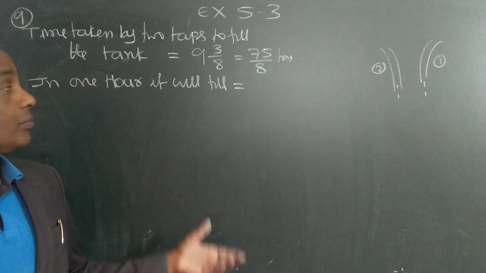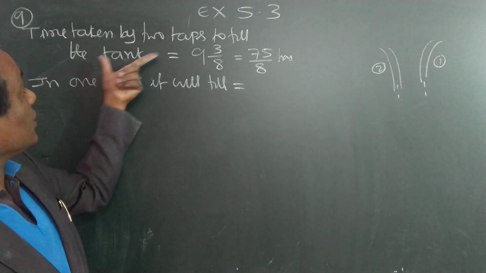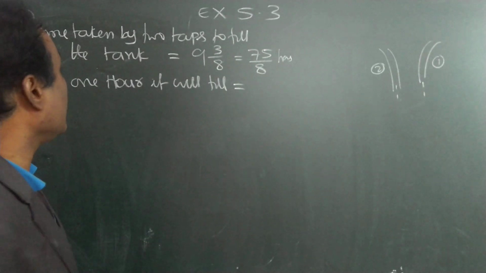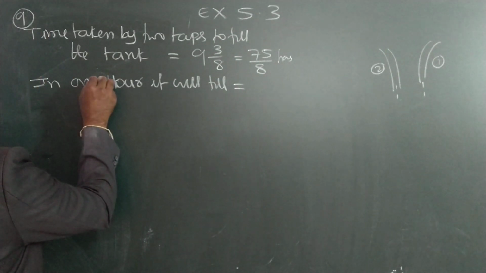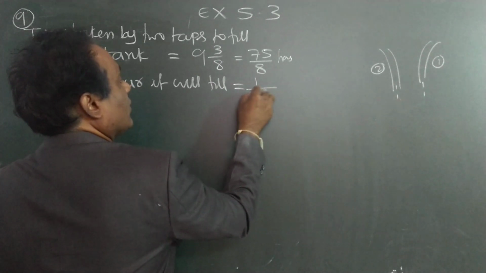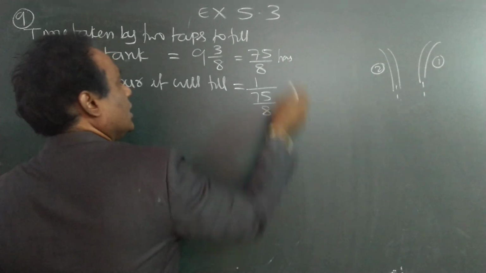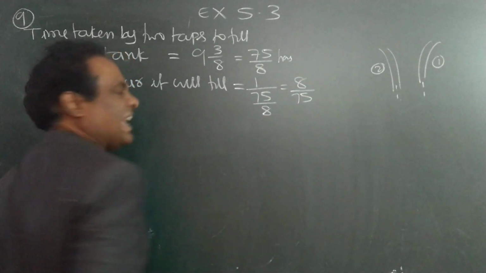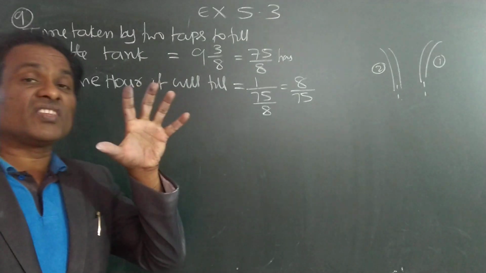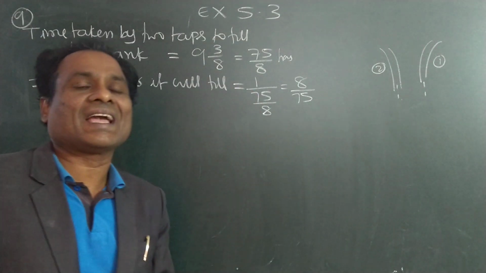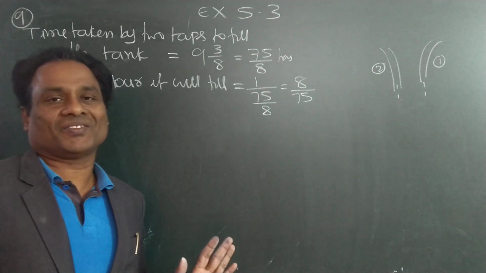So with that concept, if the time taken by the 2 taps to fill the tank is 75/8 hours, then in 1 hour, how much will it cover? 1 divided by 75/8, which is nothing but 8/75. See, suppose to fill the tank it requires 4 hours.